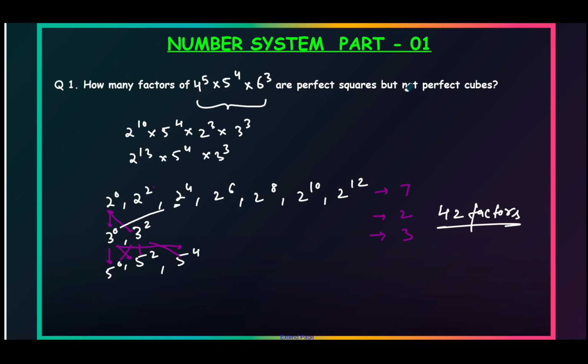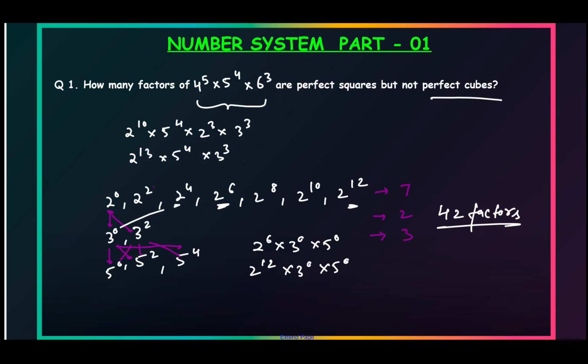Okay. Now the question was that we have to eliminate the perfect cubes. The only perfect cubes I can see are 2 to the power 6 and 2 to the power 12. No other numbers have powers which are divisible by 3. So we are eliminating these two combinations.